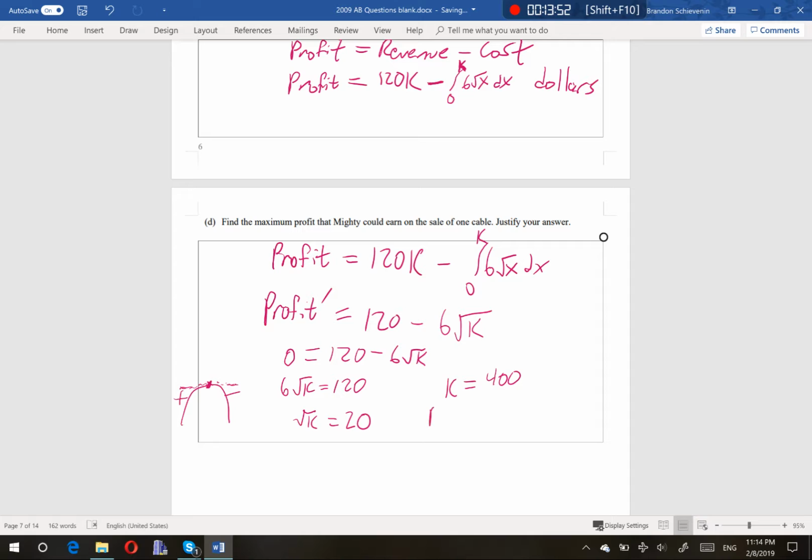So I could say the second derivative of profit when k is 400 is equal to negative 6 times 20, or negative 120.